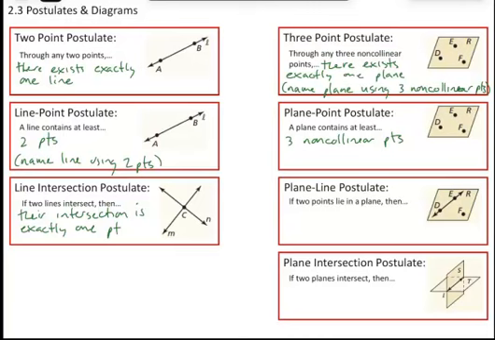The plane line postulate: if 2 points lie in a plane, then the line containing them lies in that plane as well. And then finally, if 2 planes intersect, then their intersection is a line.